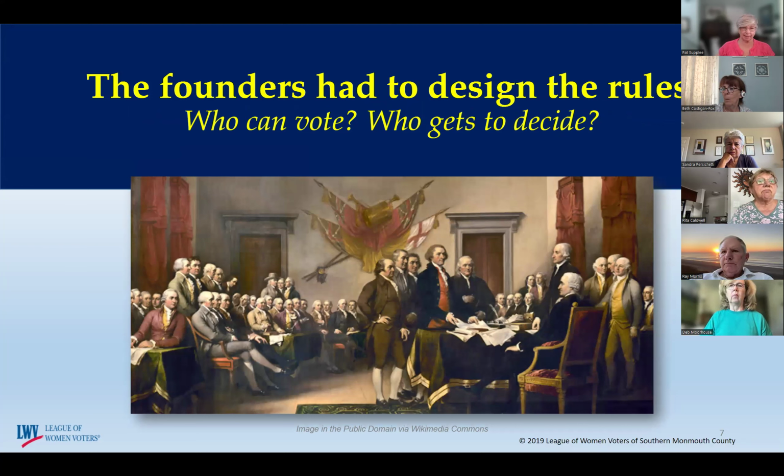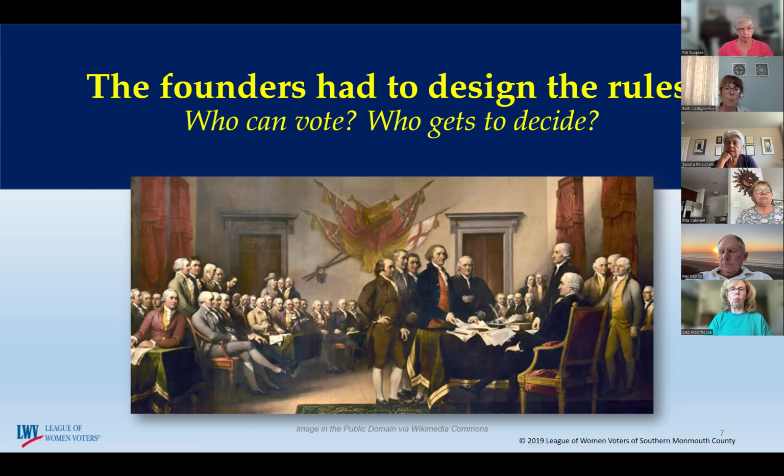So we won the war. Now we had to decide on the rules that would guide our new nation into the future. The 13 colonies became 13 states, each with its own state government. There was no central government to knit the states together. The founding fathers knew that they didn't want a king.